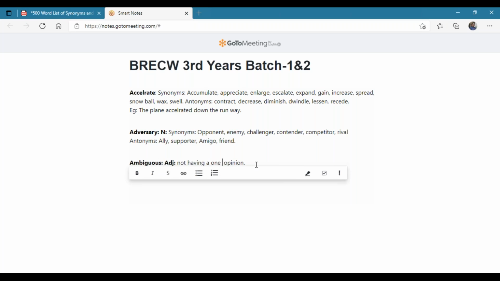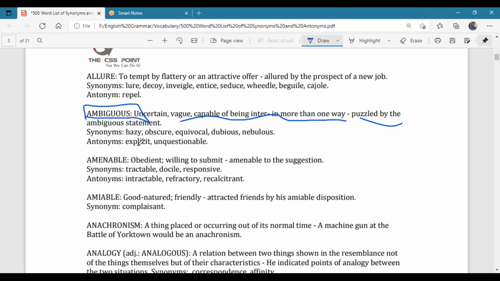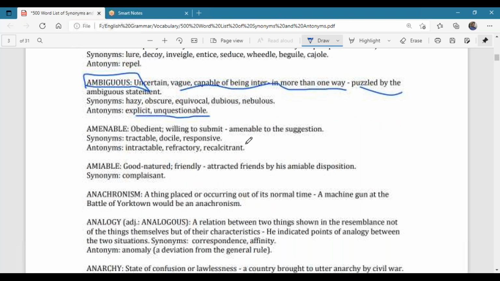You can also find synonyms like puzzling, perplexing, unusual, contradicting, misleading, arguable, debatable, obscure. You can consider these as the synonyms for ambiguous. The antonyms will be the opposite of that: very clear, explicit, unquestionable, clear, and all these things.